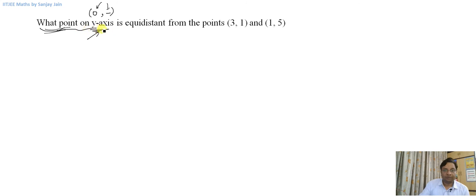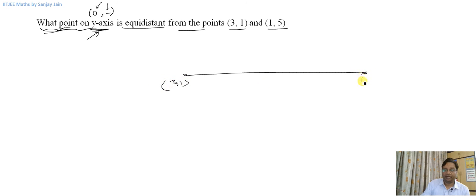Now what point on y-axis is equidistant from the points 3 comma 1 and 1 comma 5? So let us say these are these 2 points 3 comma 1 and 1 comma 5, and we are looking for a point which has got x coordinate as 0 and y coordinate as, let us say, y.